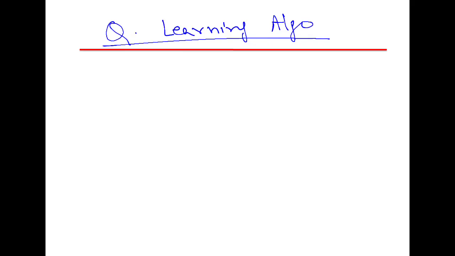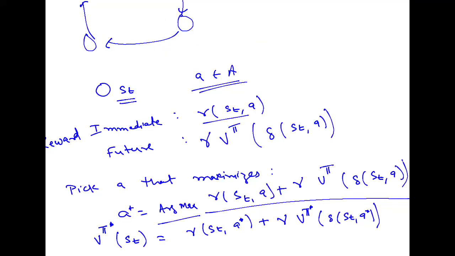Basically, what it does is we create an estimate of this reward function at every state. In fact, we define a Q function. I'll just give a formal definition.